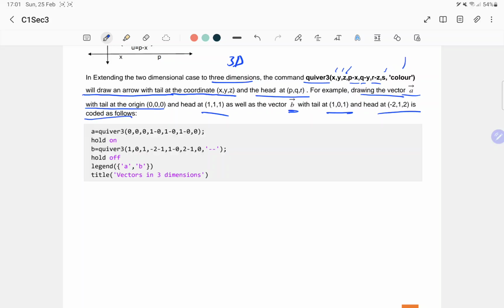is coded as follows. So you're going to say A equals quiver3, 0, 0, 0, 1 minus 0, 1 minus 0, 1 minus 0, and 0. So you have your tail 0, 0, 0, head 1, 1, 1.